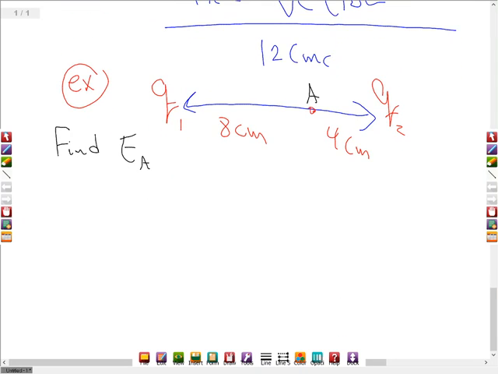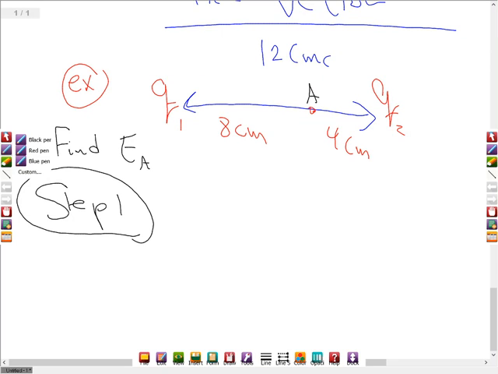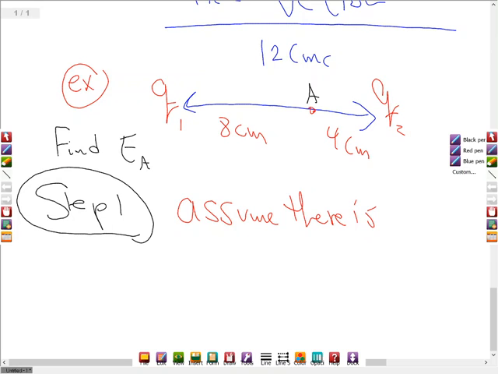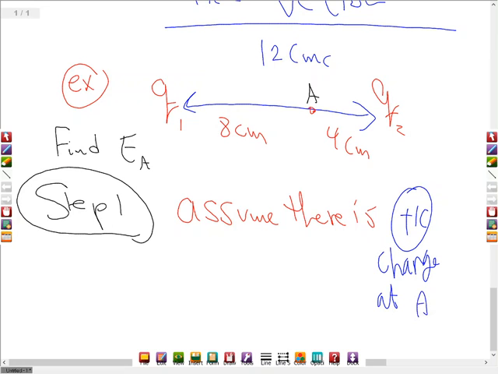Step 1. Assume there is a positive 1 coulomb charge at A. If he asks you to find the electric field at any point, you always assume there is a positive 1 charge.